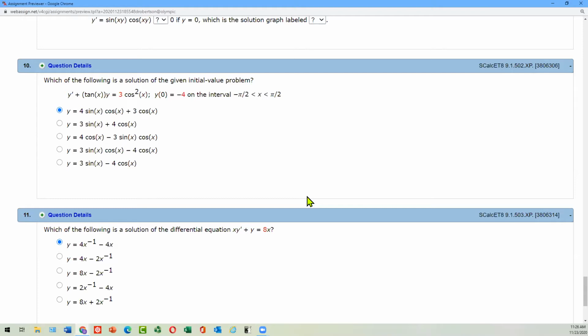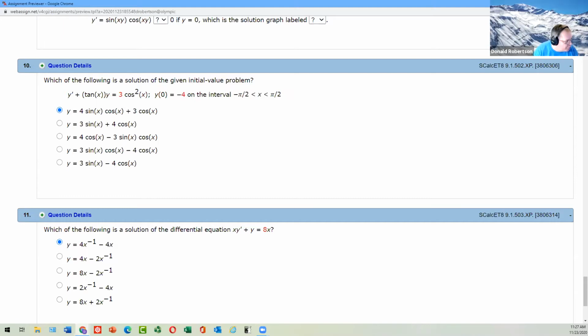3 gets the job. Okay, so 3 is y equals 4 cosine x, take away 3 times the sine of x, cosine of x. Are we supposed to be able to see your paper?